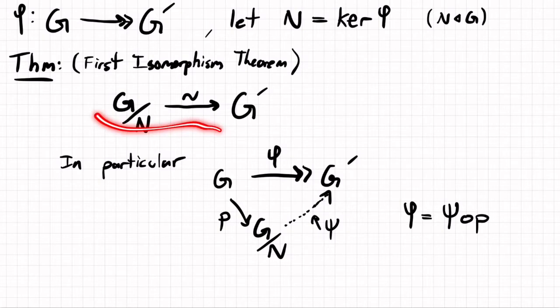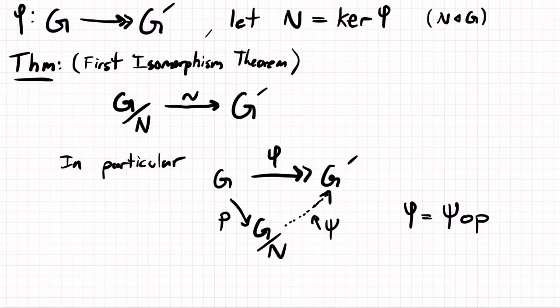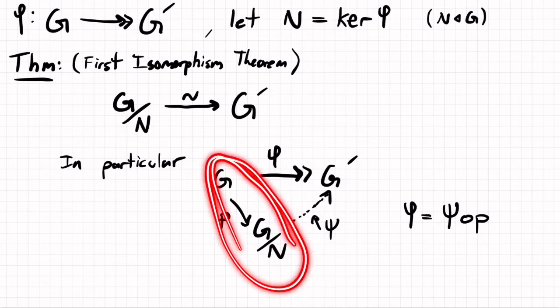So not only are these things isomorphic, but they're isomorphic in a way that's compatible with this map from G to its quotient.